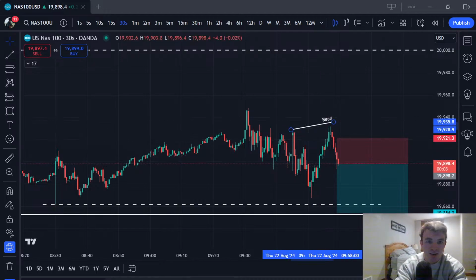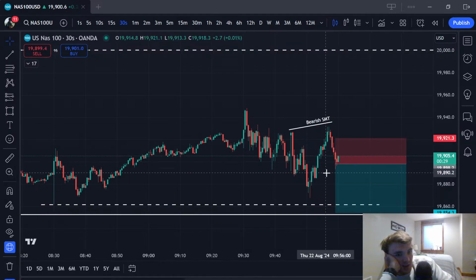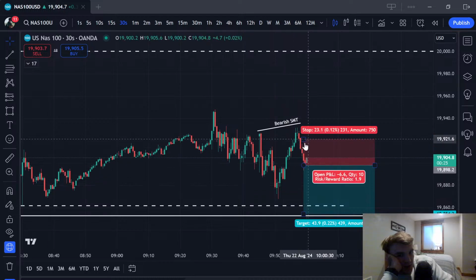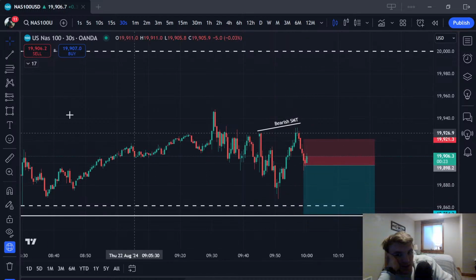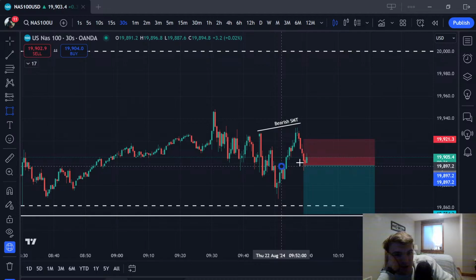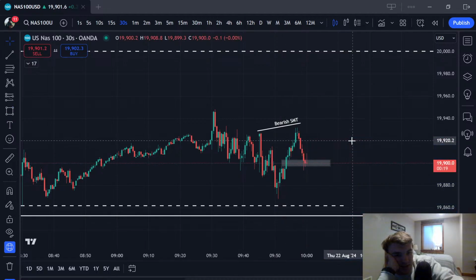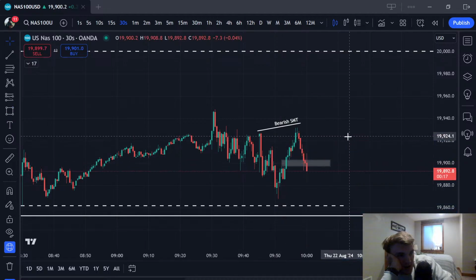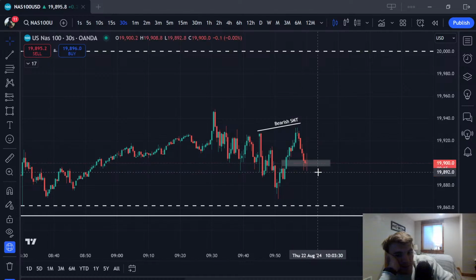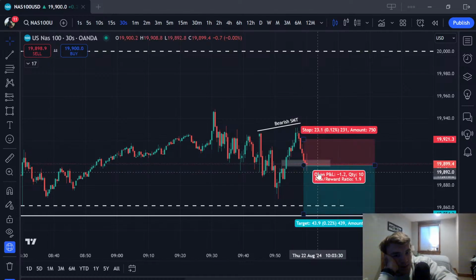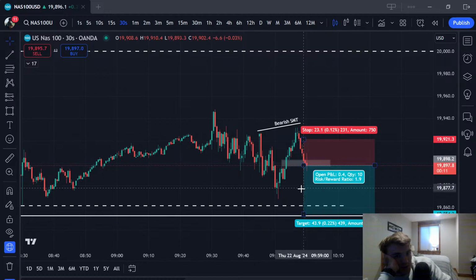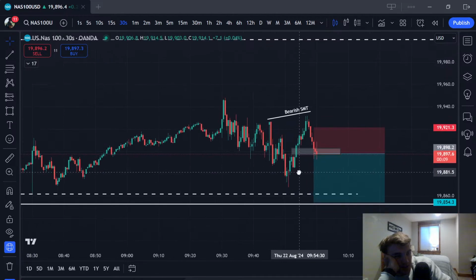But we got a bearish SMT, and yeah, no way I'm taking this. But I'm just saying. I'm gonna get rid of this so it doesn't be distracting. I'm not taking that, but okay, I'll keep it just to show the thought process, right?